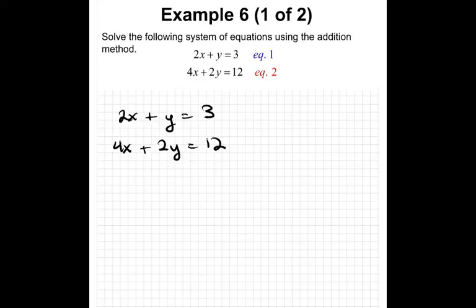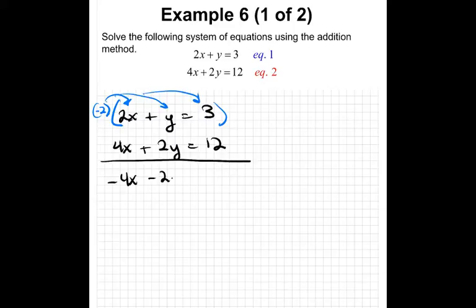Let's multiply row 1 by, I think, -2. If we distribute a -2 into every term, that's going to be -4x minus 2y equals -6. And then we have 4x plus 2y equals 12.